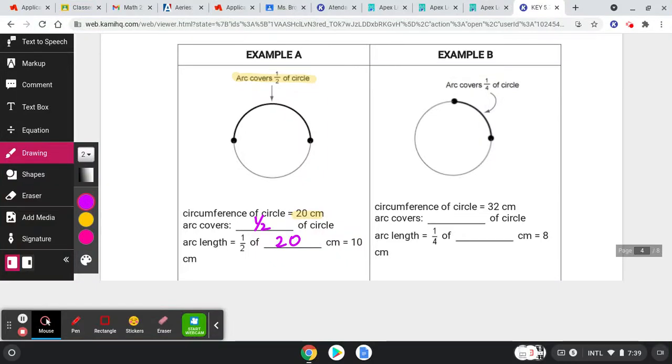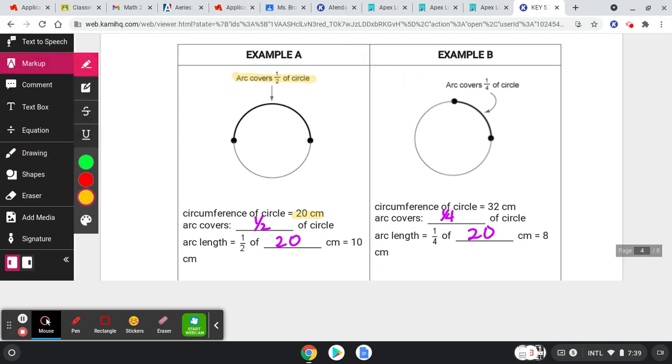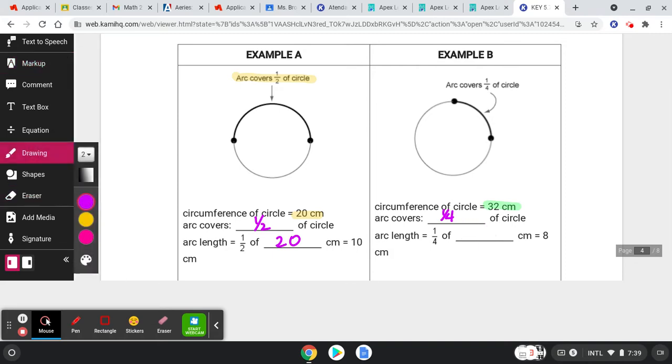So what if the arc covers a quarter of the circle? We would take a quarter. Oh, sorry, this one, they changed it up to 32 centimeters. And so a quarter of the 32 is going to come out to 8.